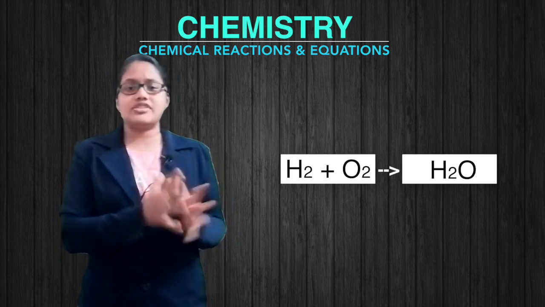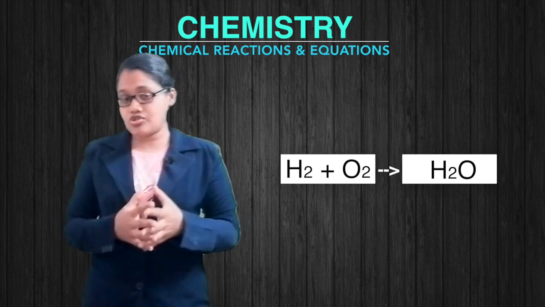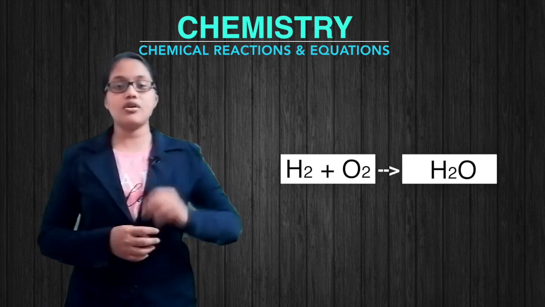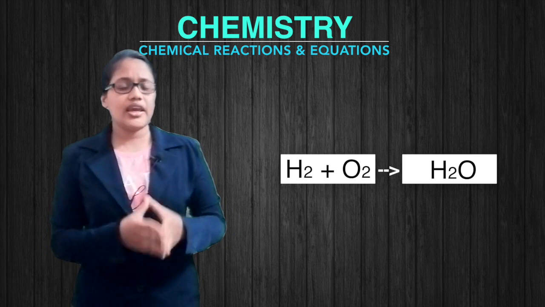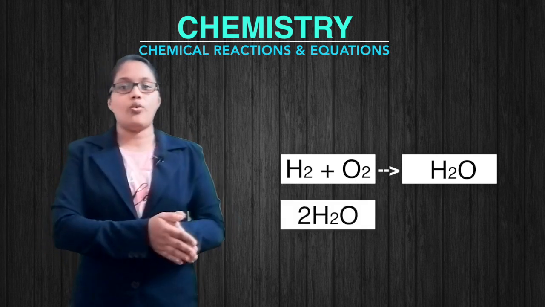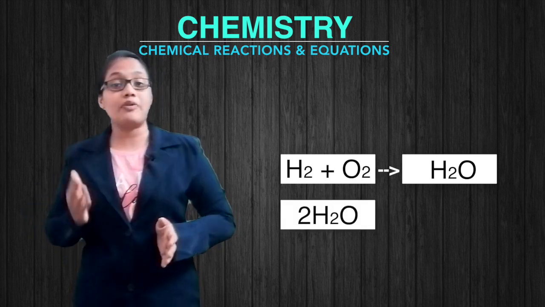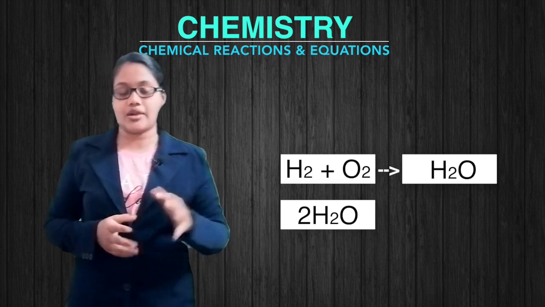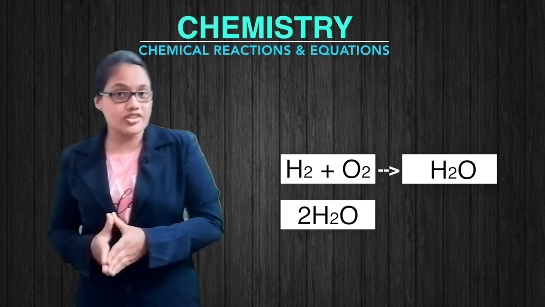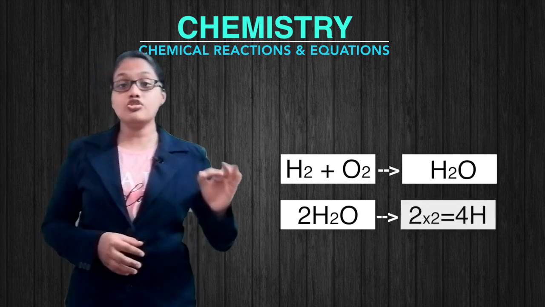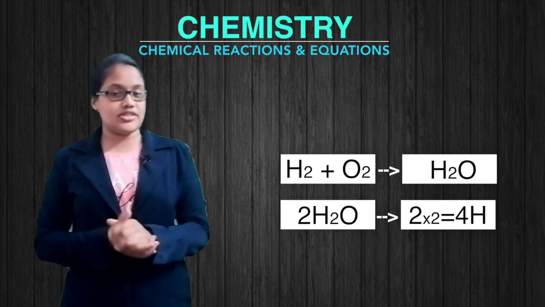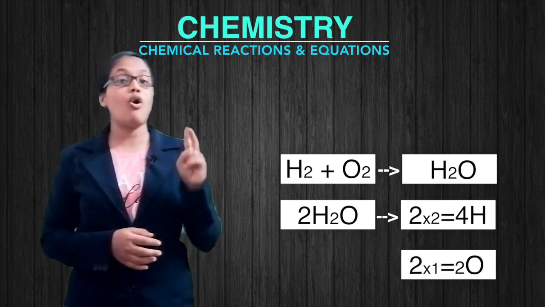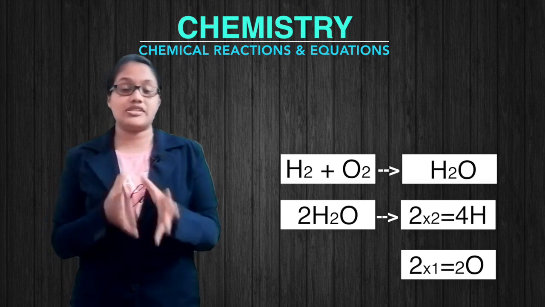We just leave it as such. So in H2O, there are 2 hydrogen atoms and 1 oxygen atom. But in the case of 2H2O, you have to multiply the number written on the left hand with the numbers in the subscript. So in 2H2O, we have 2 into 2, 4 hydrogen atoms and 2 into 1, 2 oxygen atoms present in it.